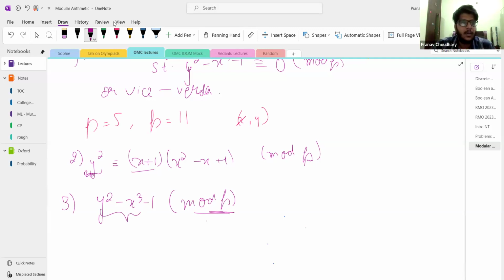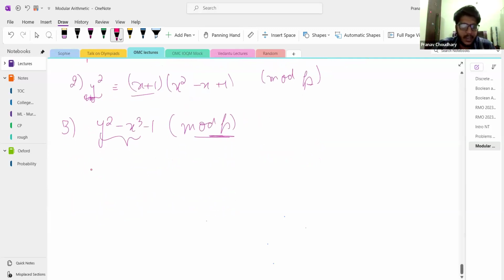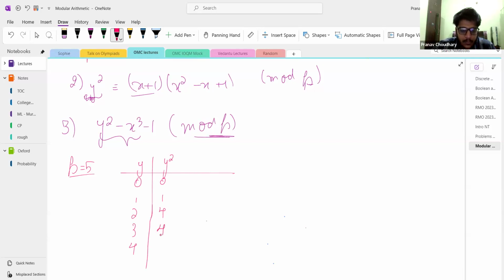Okay, so let's say for p equals 5, how this thing looks. My y can be 0, 1, 2, 3, 4. My y square can be 0, 1, 4. 9 is just 4, 4 is just 1.